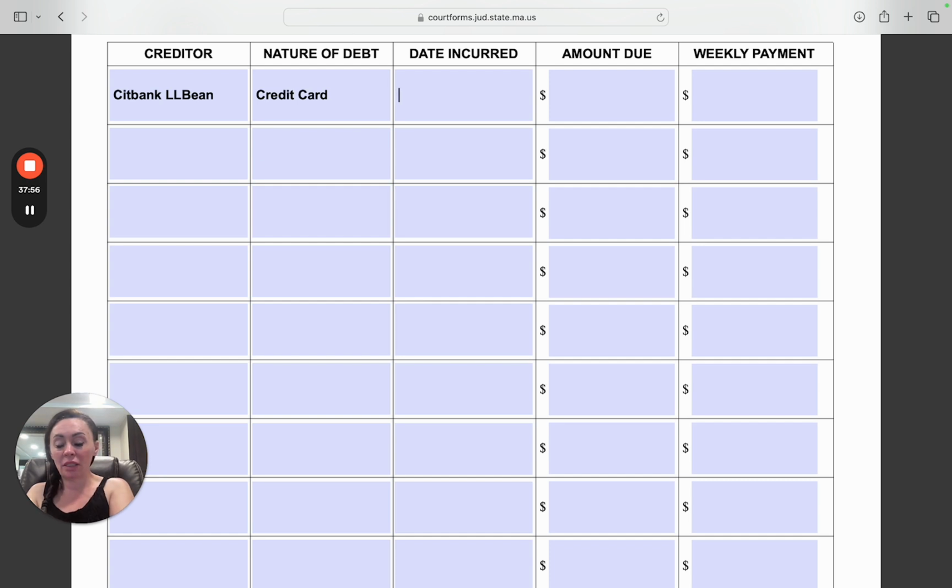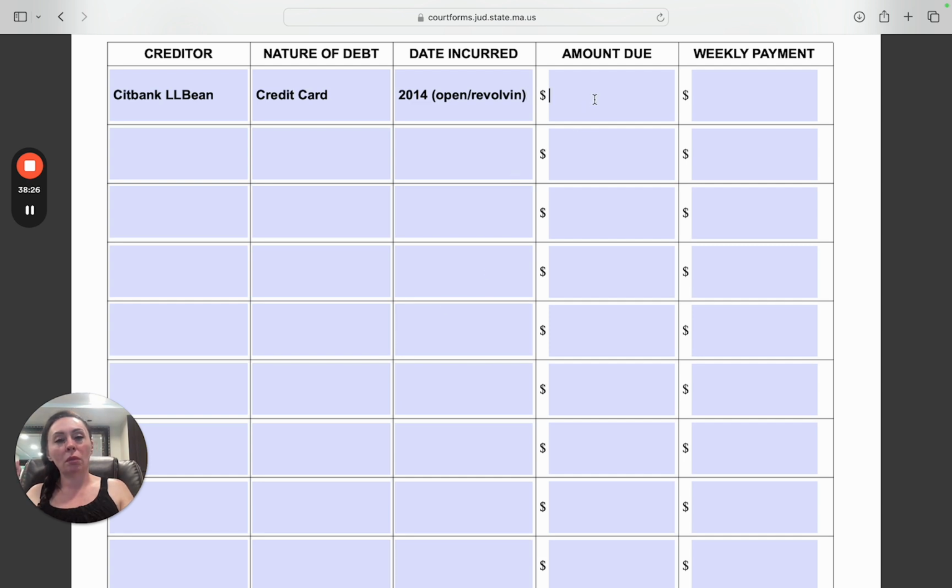Maybe it was premarital, or maybe it was before the birth of your child, depending upon what your case is. Let's just say this credit card happened in 2014, and they still have the account open, I will put in parentheses open revolving, meaning you can still borrow against it and make payments on it.